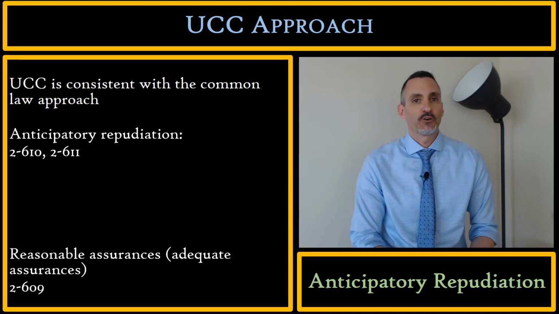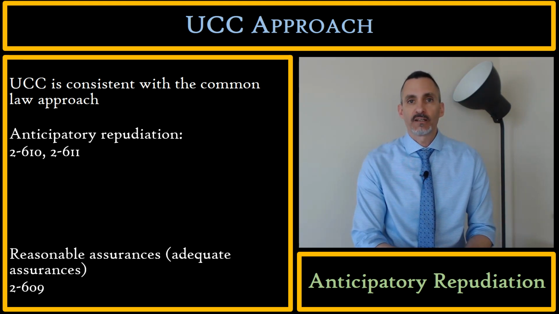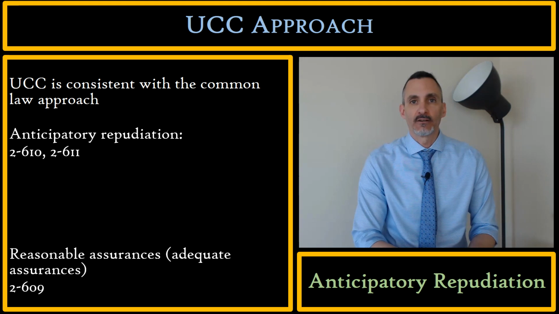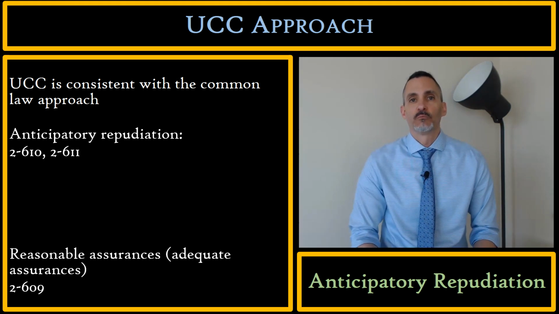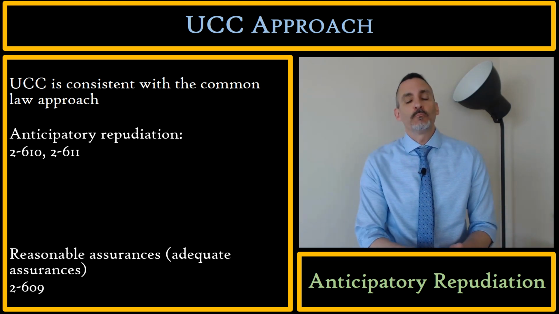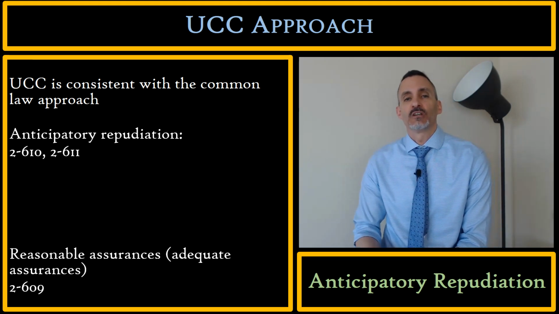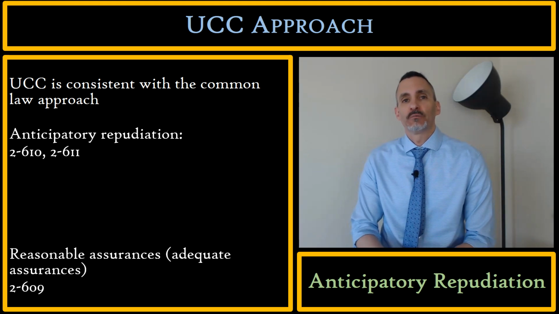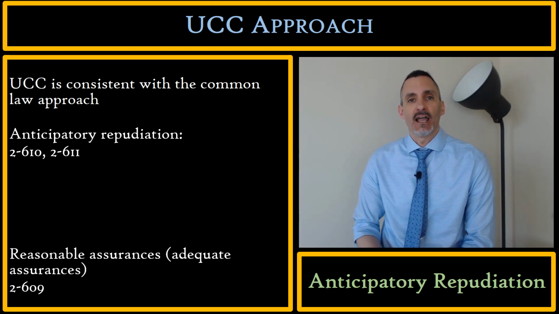Is anticipatory repudiation a perfect tender standard or a material breach standard? What if I'm the seller and I say, sorry, I won't be able to deliver 1,000 widgets to you. I'll only be able to deliver 999. Is that an anticipatory repudiation?